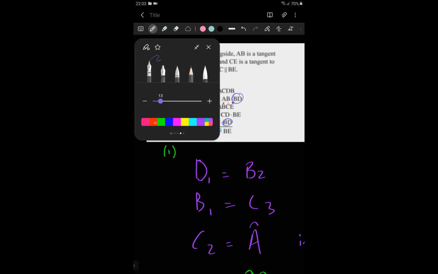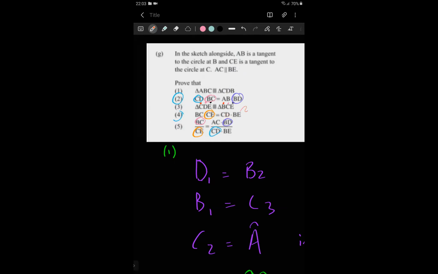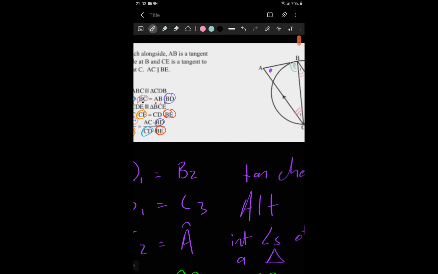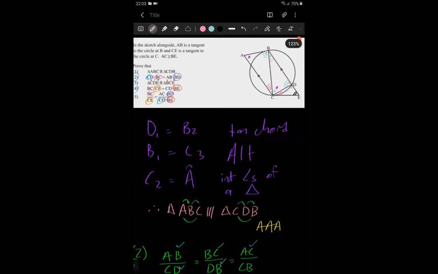And then there is BE here, and there's BE there. The only things that are not there are AB and AC. So AB is this line here. AC is that line over there.